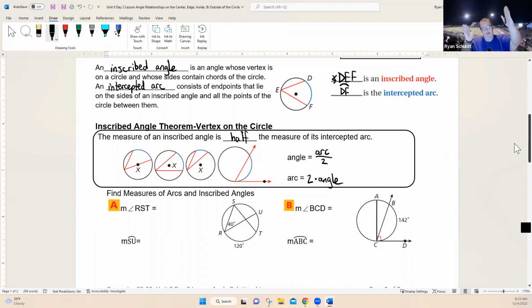If you have the arc, divide by 2, and that gets you the angle. So multiply, divide.